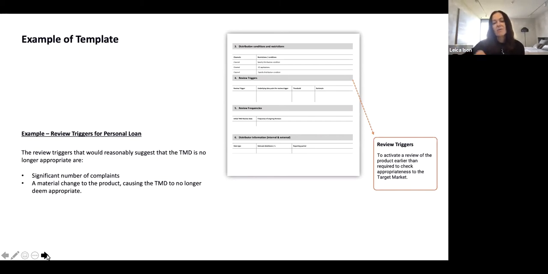So from a product management perspective, in terms of wanting early warning of challenges with that product in your distribution channel, a trigger on the number of customer complaints for a recently launched product is going to look very different to a mature product. So getting granular and making those really specific to the life stage of the product.